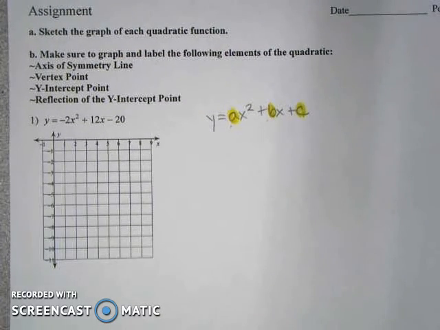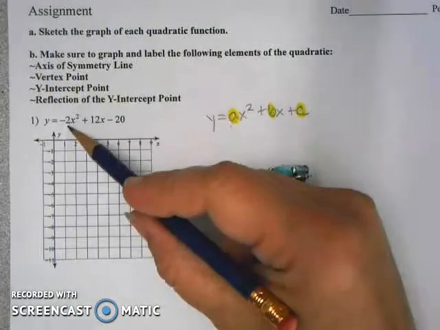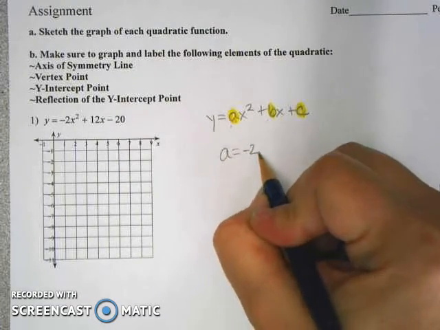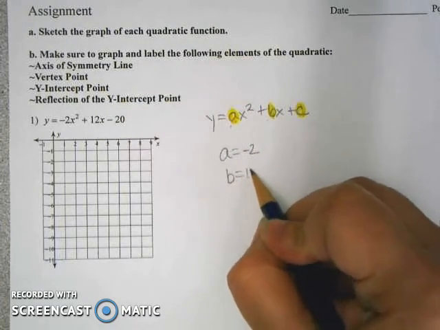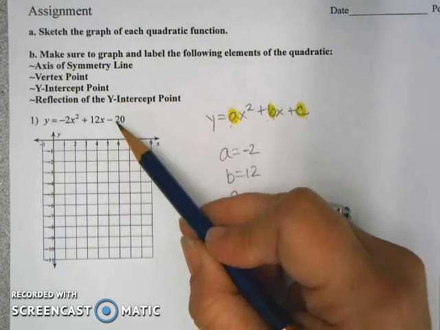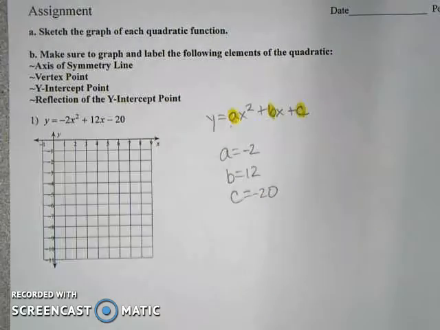So when we're looking at this particular equation here in problem 1, we can identify the value of a as -2. And we can identify the value of b as 12. And the value of c is equal to -20. So those are important because they help us with a couple of different things.